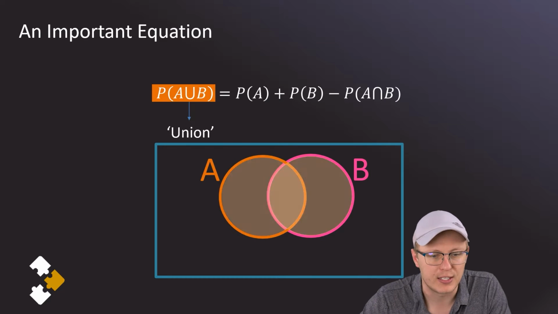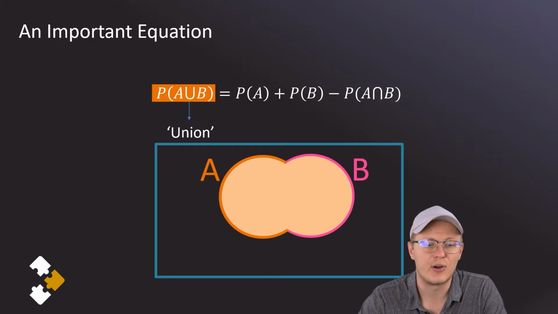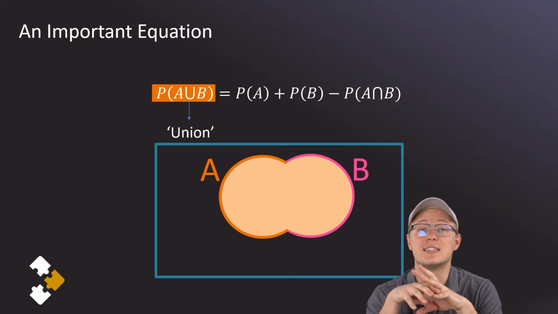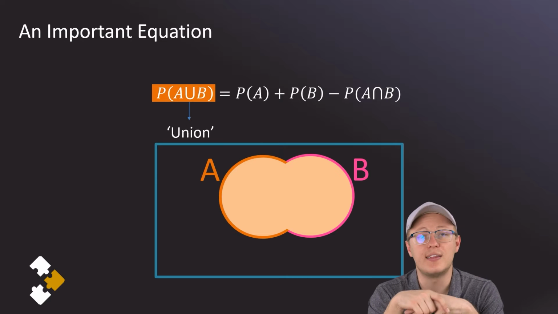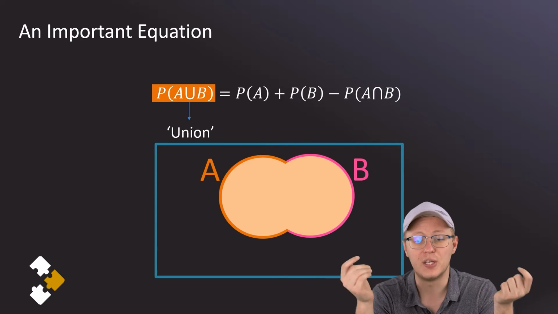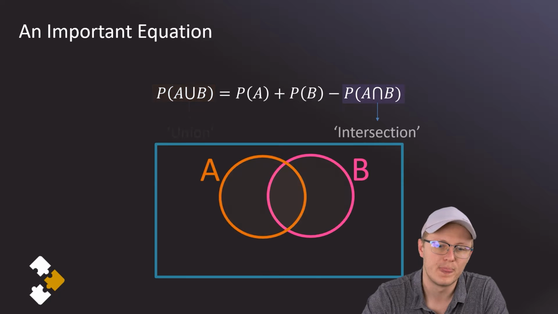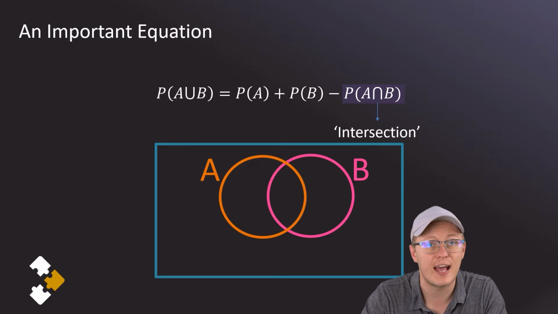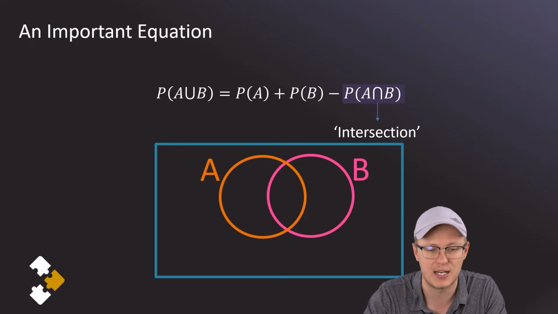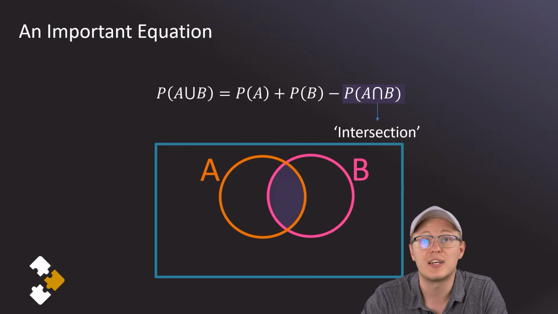But for the union, on a Venn diagram, the union is anything that is either in A or B. So it doesn't have to be in both. Anything that is either in A or B is the union of A and B. Whereas the intersection are those things that are in A and B at the same time. So the intersection is that bit in the middle where they overlap.